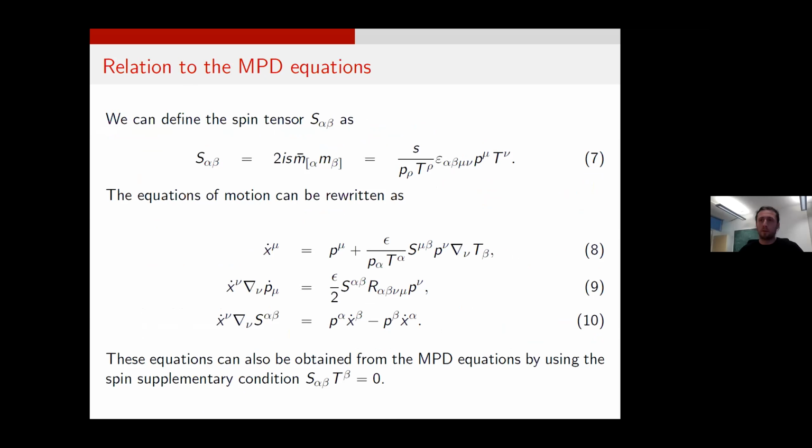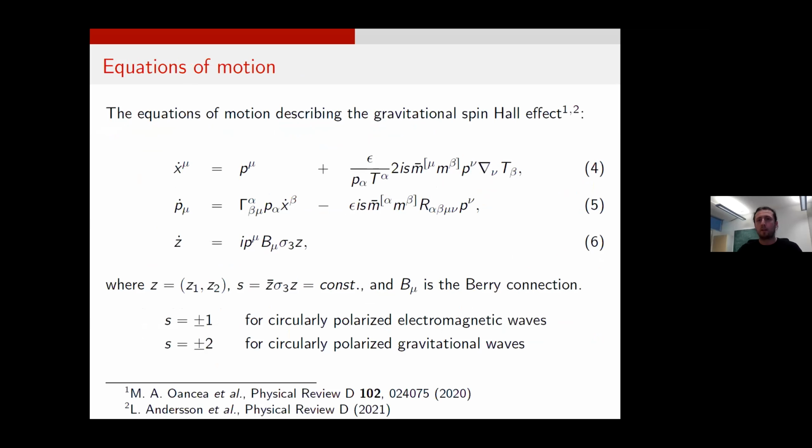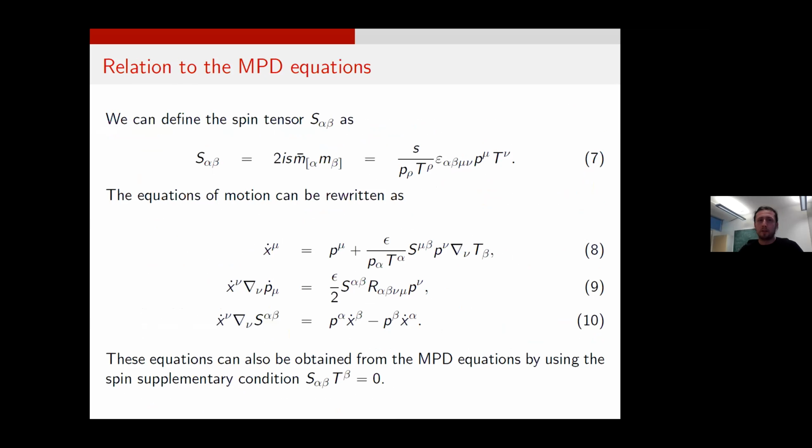We're doing the WKB, deriving the equations that you see in 4, 5, and 6. By rearranging the terms afterwards and defining the spin tensor as over here, we obtain this form of the equation, 8, 9, 10.